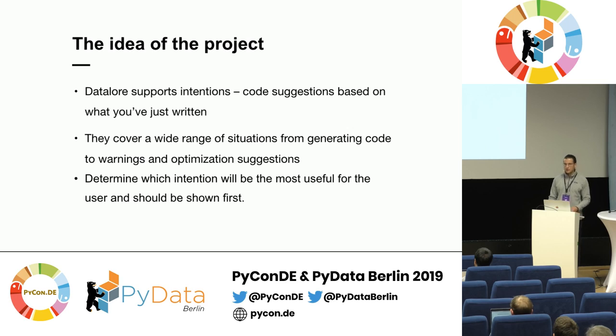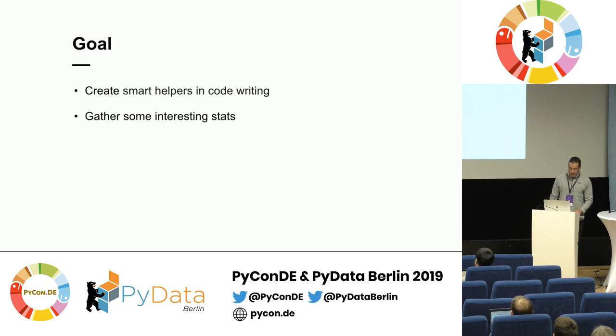If you load your CSV, then you have intentions to drop NA, for example, in pandas. Or it could be some optimization suggestion. The idea was to rank this list of intentions and determine the top list of intentions based on the previous lines of code.